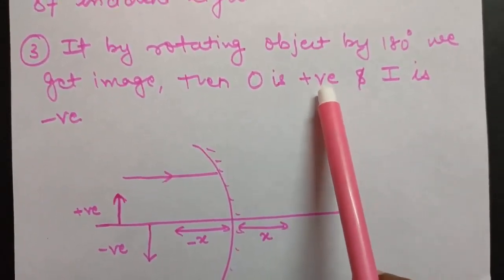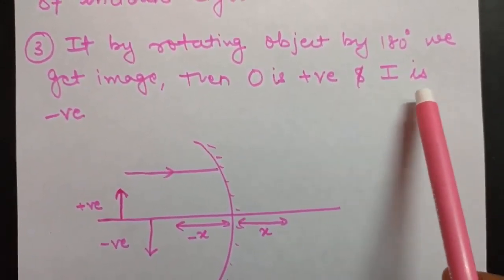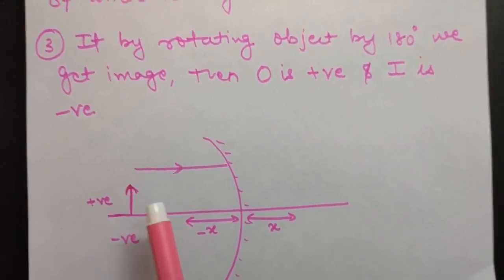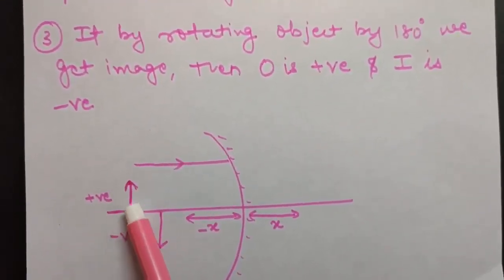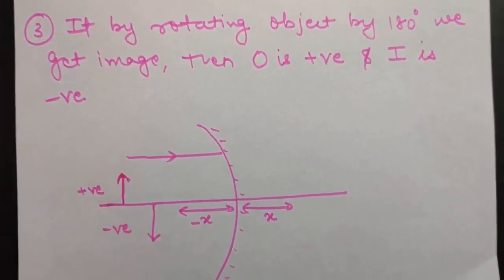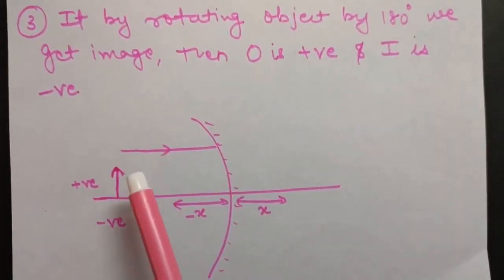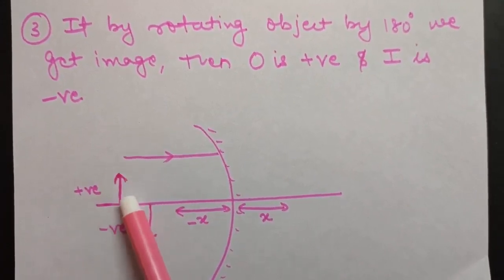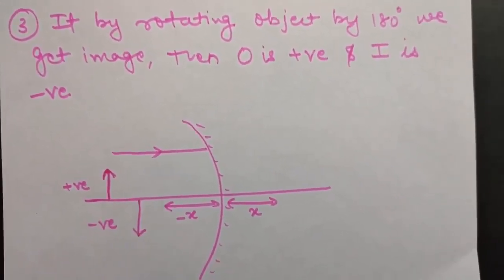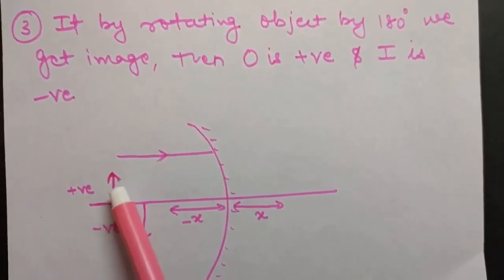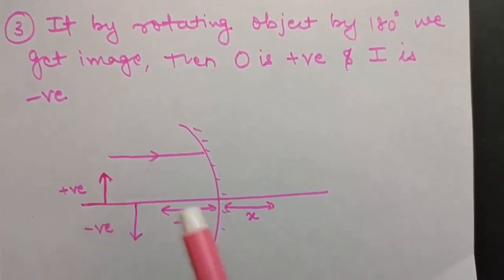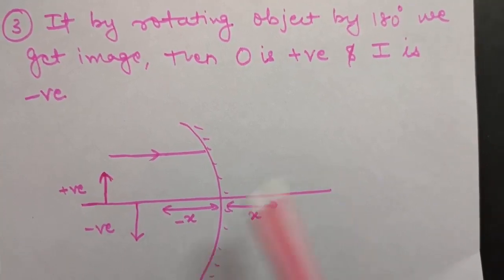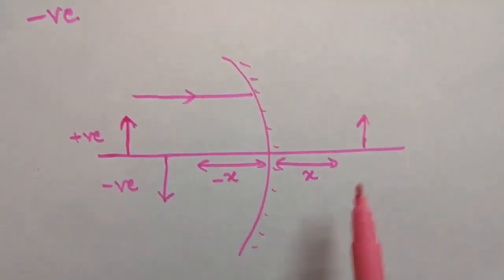then the height of the object will be taken as positive and the height of the image will be taken as negative. For example, suppose this is your object and this is your image. By rotating this object by 180 degrees, we are getting the image. That means this height will be taken as positive and this height will be taken as negative. If suppose the object was here and the image was also here, then will you get the image by rotating the object by 180 degrees?